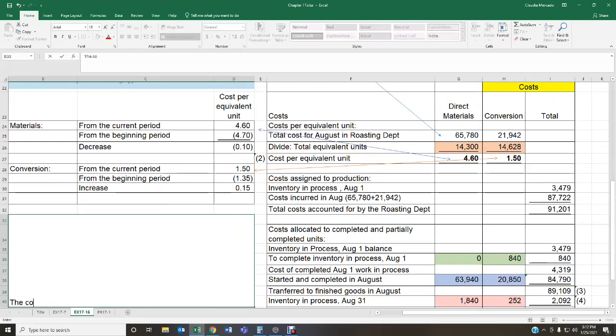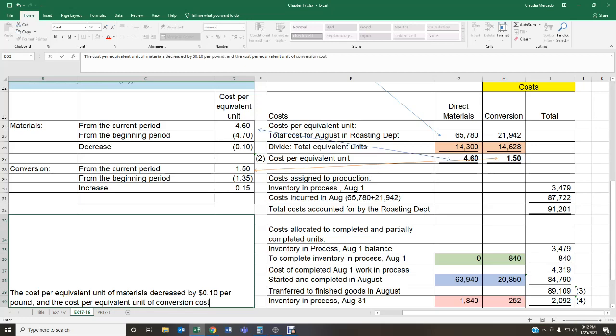So we can say that the cost per equivalent unit of materials decreased by 10 cents per pound, and the cost per equivalent unit of conversion cost increased by 15 cents per pound.